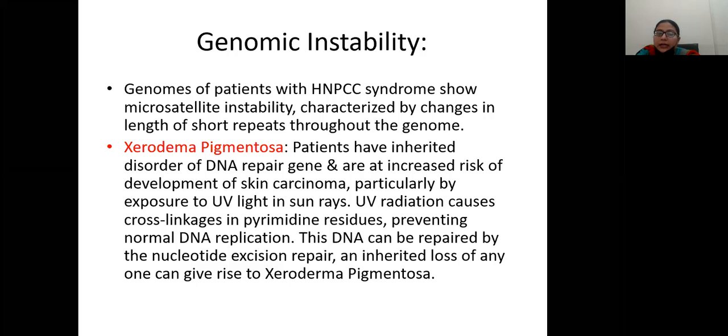The other example is xeroderma pigmentosum. In xeroderma pigmentosum, the patient has an inherited disorder of a DNA repair gene. Alteration inside the DNA repair gene is responsible for xeroderma pigmentosum, and it is responsible for skin carcinomas, particularly on exposure to ultraviolet radiation in sun rays.